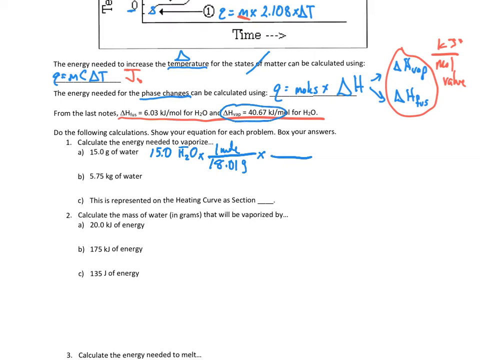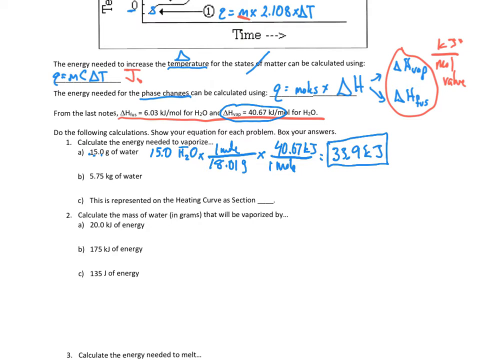So if I've got mole up here, I need mole down here, and 40.67 kilojoules up here. That would be 3 sig figs, and if I multiply that out, that gives me 33.9 kilojoules of heat energy needed to basically turn 15 grams of liquid water into steam.